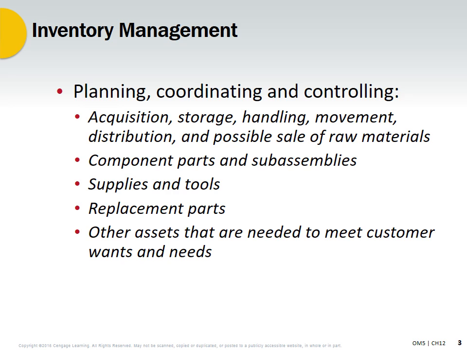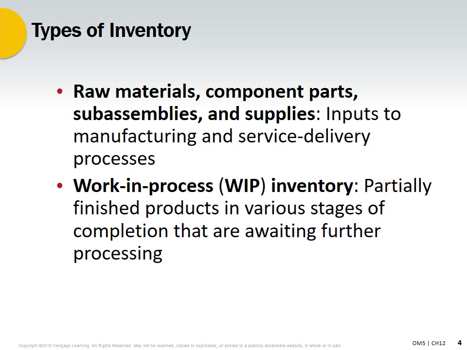So a few more concepts to really dig into here. When we talk about types of inventory, we really deal with four types. We deal with raw materials. Think about these as your component parts. These are the pieces that we need in order to make that final product.